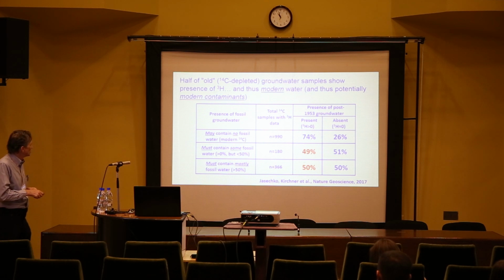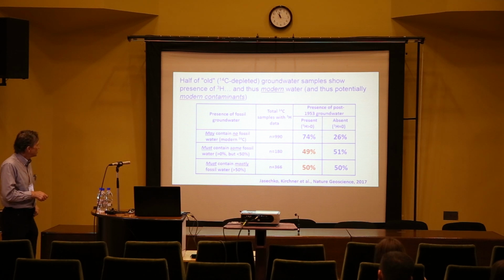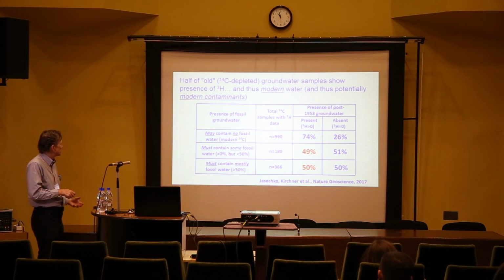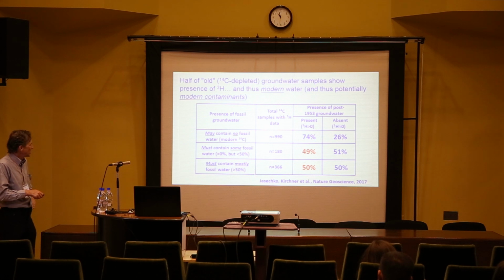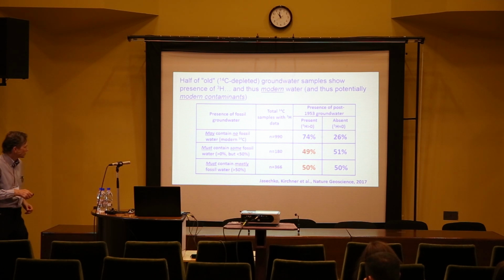Then you have another group where they must contain some fossil water because their carbon-14 is lower than a modern concentration. And then you can also see another category of these wells which must contain mostly fossil water. It must be more than 50% pre-Holocene water. That is, the carbon-14 concentration is less than half of what it would be in a modern water sample.